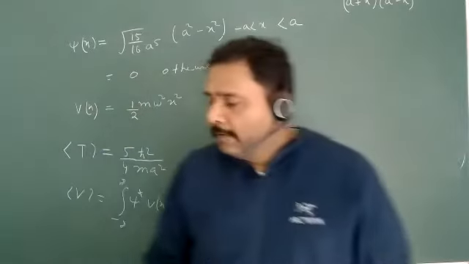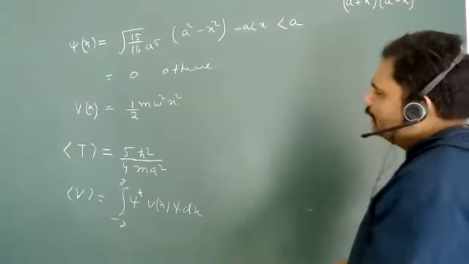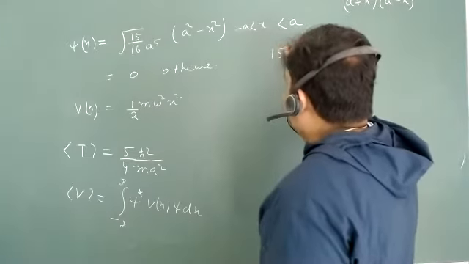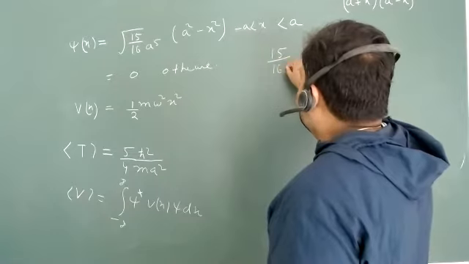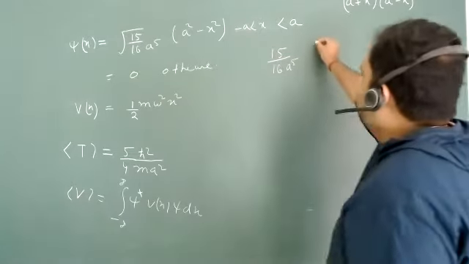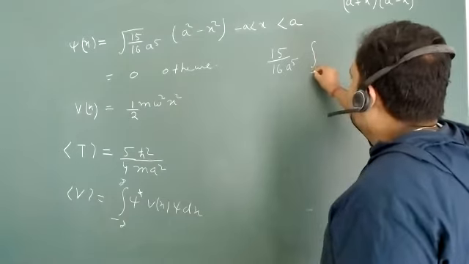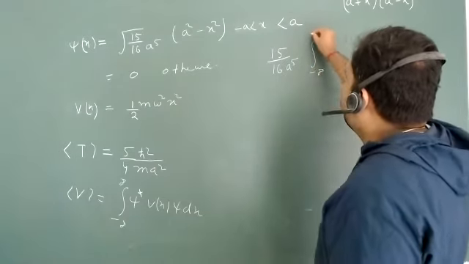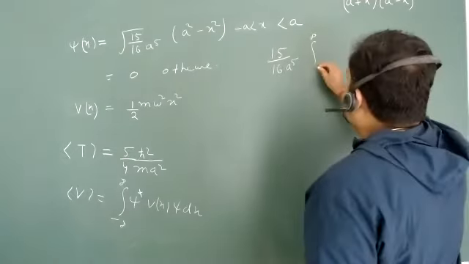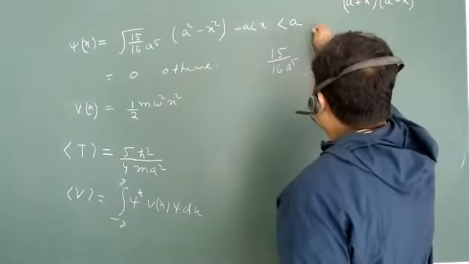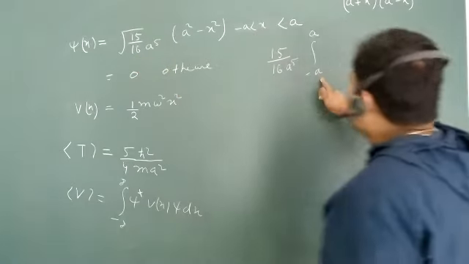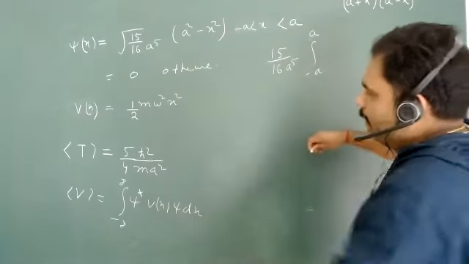Now, when we are going to calculate this, basically we have to calculate this integration. I can write it directly: 15 upon 16 a^5, and we have to go for integration from minus infinity to plus infinity, sorry, minus a to plus a, because otherwise this wave function is 0. So this is minus a to plus a.